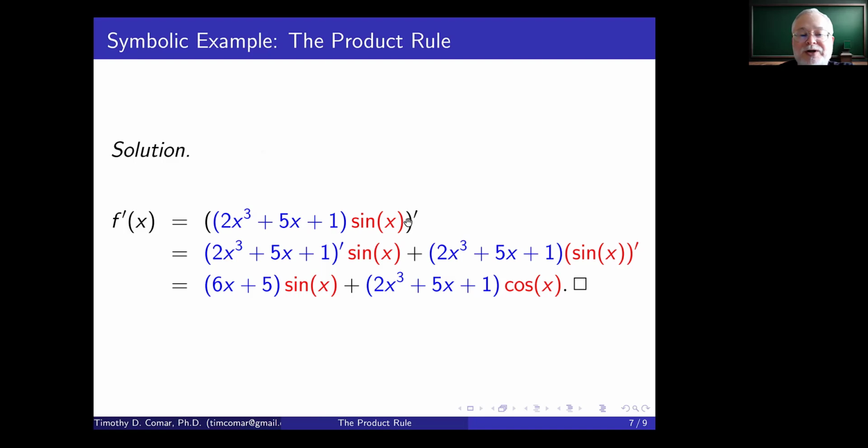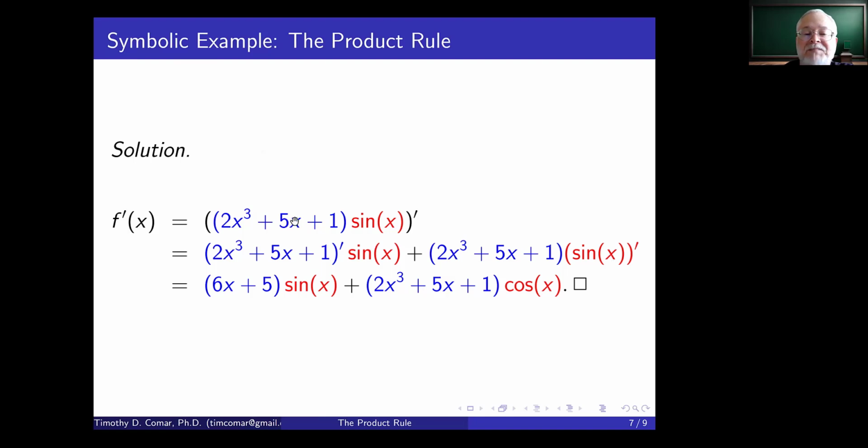So for our solution, we're going to write it out and color code in the same way. The derivative of the product is going to be the derivative of the first factor, 2x cubed plus 5x plus 1, times the other factor, sine of x, plus the first factor, 2x cubed plus 5x plus 1, times the derivative of the second factor, sine x.